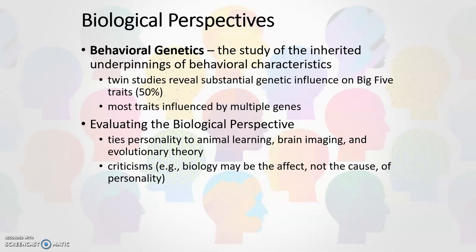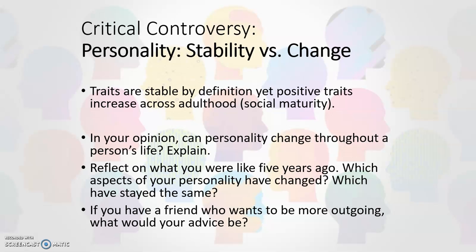We can tie personality to animal learning, brain imaging, and just through evolution. There are few criticisms, like biology could be the effect but not the cause of personality, but you don't see a lot of research yet.